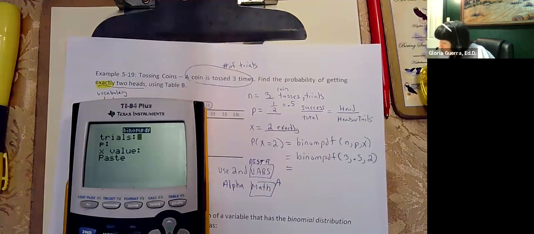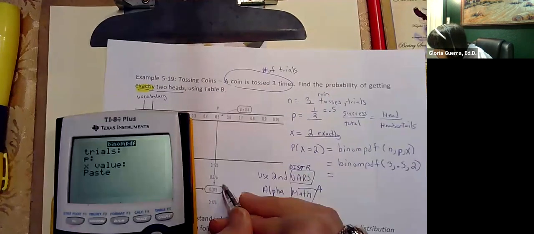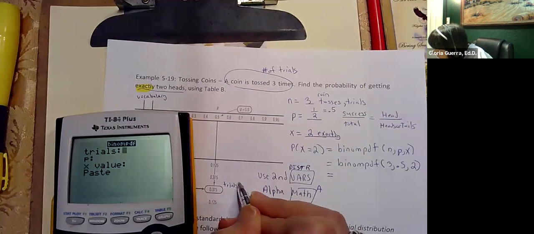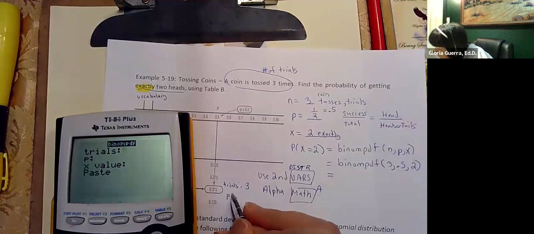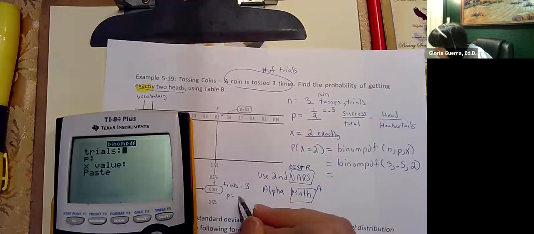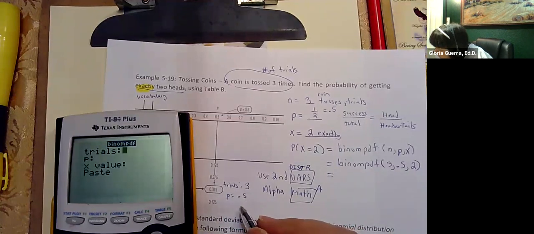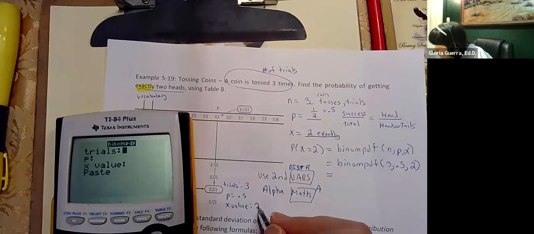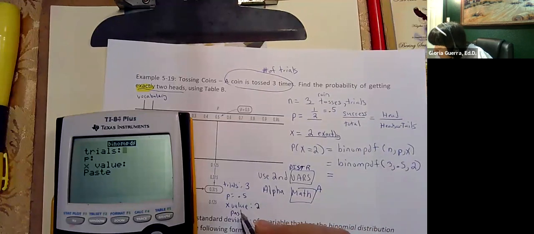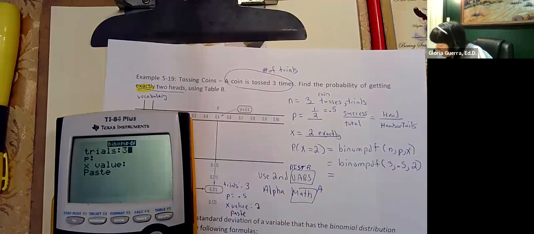Okay, so then you get trials, and that's going to be 3. P, that's going to be 0.5. And then X value, that's going to be 2. And then it has paste. So trials 3, 0.5, 2.